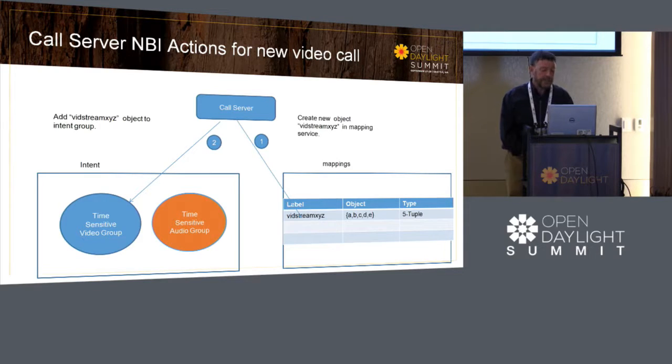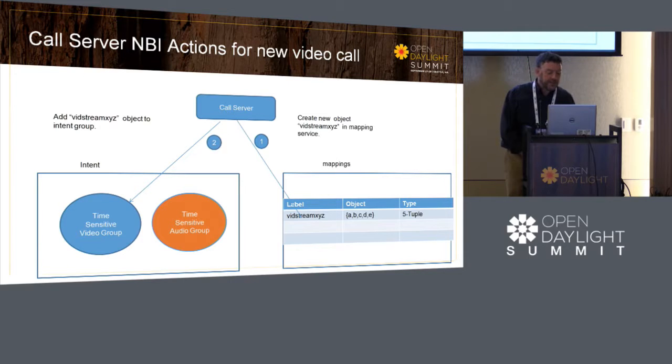So this model says the original source of truth, in this case the call server that's setting up the call, needs to talk to the SDN controller and tell it, I just set up a call, here's what it looks like, here's how you need to treat it. In the intent-based system, we essentially have two different groups that represent time-sensitive traffic.